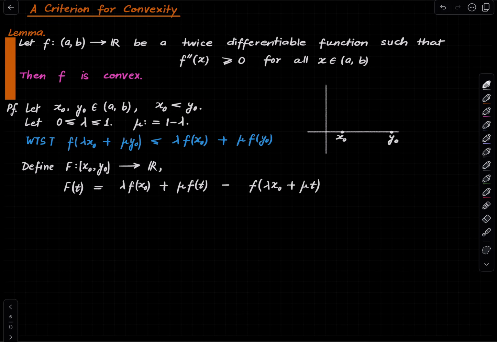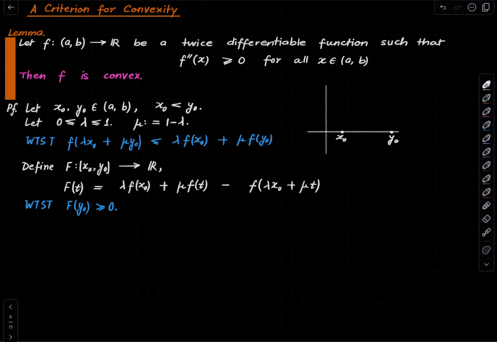And the blue thing can be rewritten now as this statement that we want to show that F of y0 is non-negative. That's just an immediate translation of that statement in the language of this function capital F. Okay, and that is what we will achieve by using Lagrange's mean value theorem.